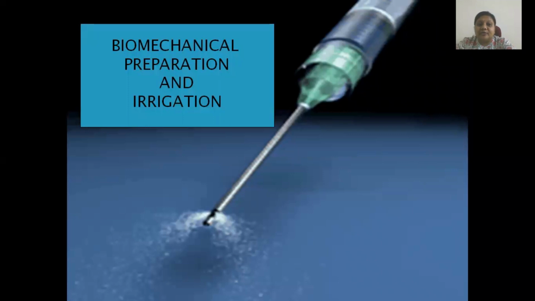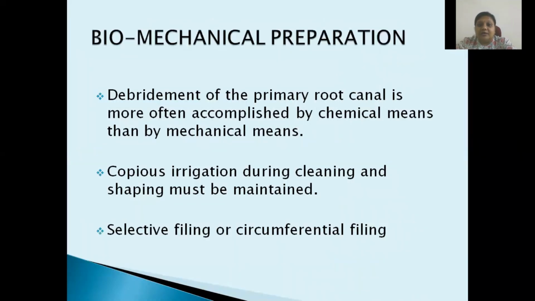Coming on to the biomechanical preparation and irrigation. What is biomechanical preparation? Biomechanical preparation is the debridement of the primary root canal, which is more often accomplished with the help of chemical means rather than by mechanical means. Why?